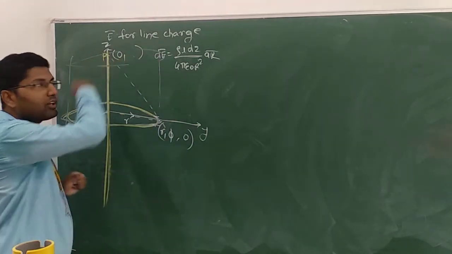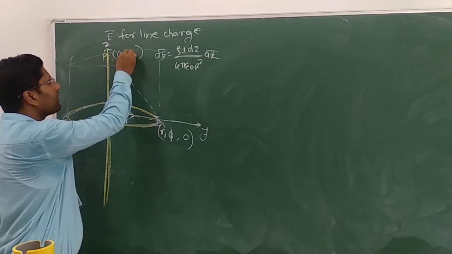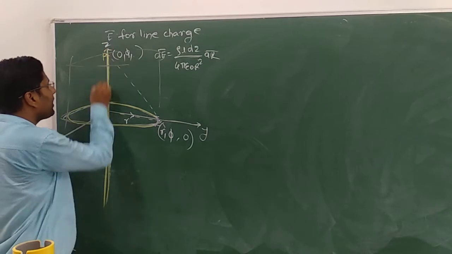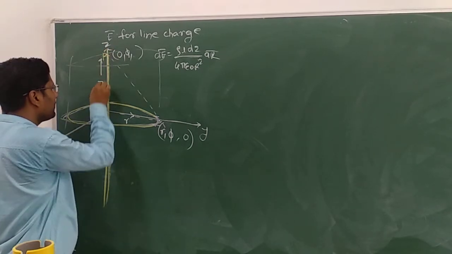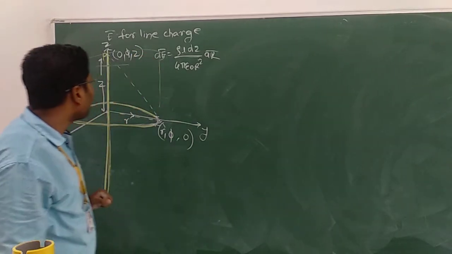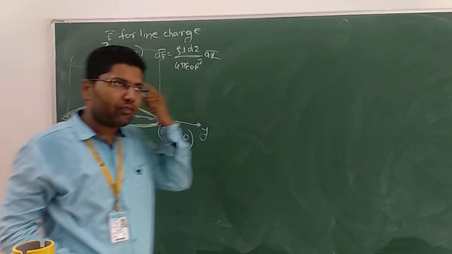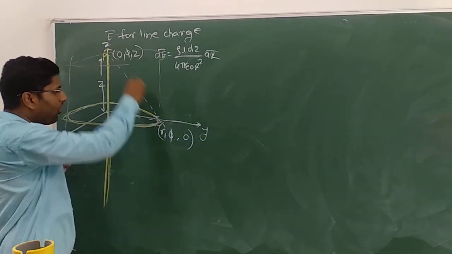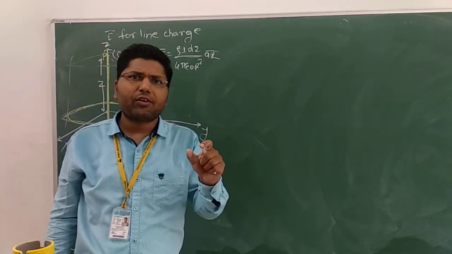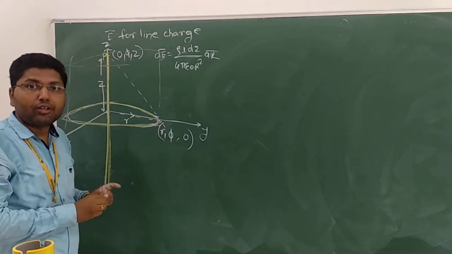In a cylindrical coordinate system there will be some angle phi, and the z distance is 0, so the point is R, phi, 0. Now you have to calculate the electric field intensity at this point due to the whole line charge, not due to only one point. So how to calculate?